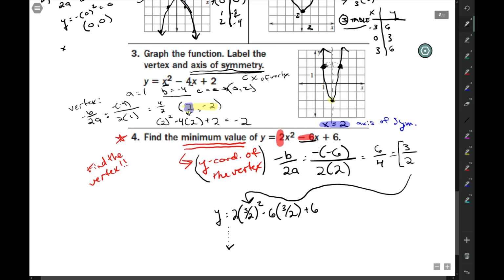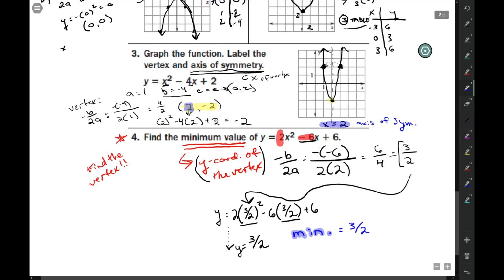Shaken and bacon. Be careful with all this. And you do get another 3/2 for y. So that means that the minimum is 3/2.